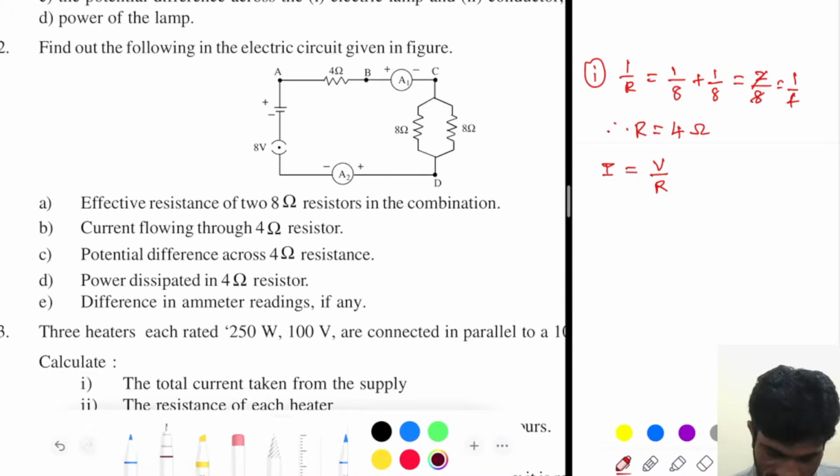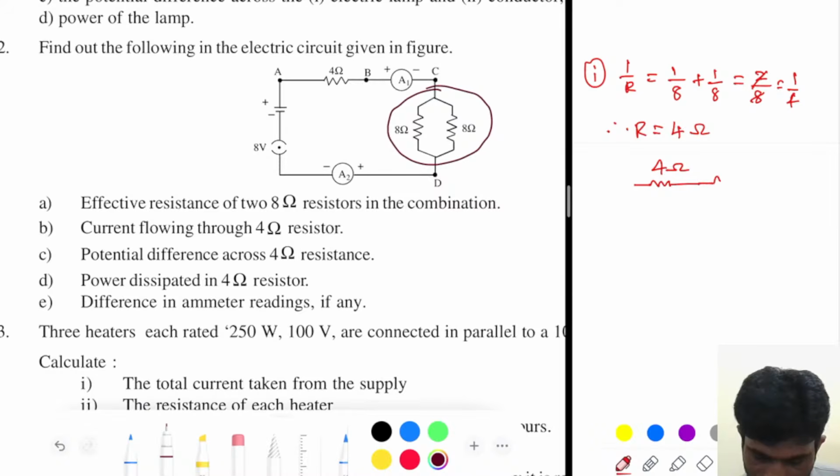You can redraw this figure like this to understand better. The given figure can be drawn again like this. This is 4 ohms, and the effective resistance of 8 ohms and 8 ohms is again 4 ohms only. So these two are 4 ohms, 4 ohms. They are connected in series.